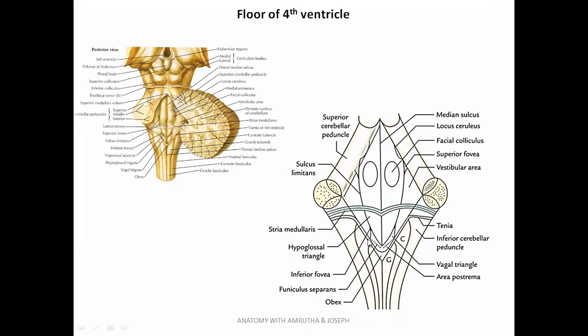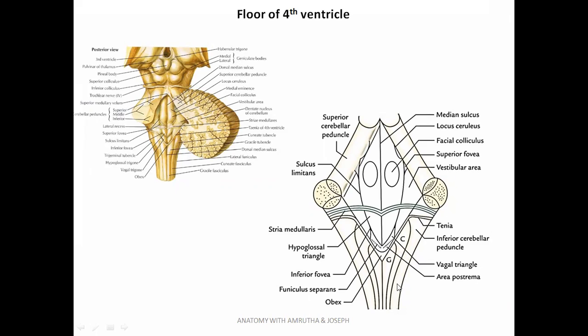Because of these lines, this area is divided into two parts. The upper part is called the vagal triangle, where you can see the vagus nerve nucleus. Below this dotted line, this area is called the area postrema, which is called the vomiting center.